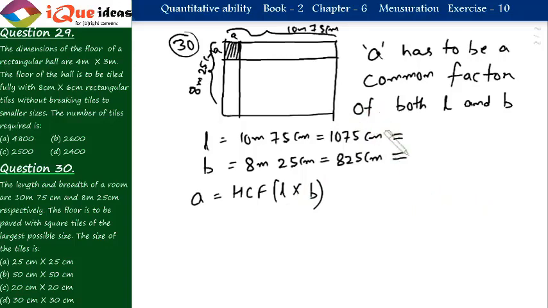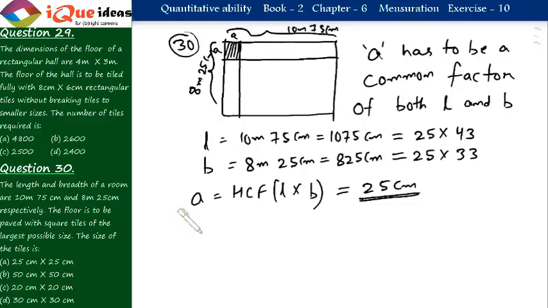Now let's do one thing. Factorize L and B both. Now if we factorize, 1075 can be written as 25 into 43. Similarly, 825 can be written as 25 into 33, since 4 8s are 32 and 1 is 33. Now there is nothing common between 43 and 33. So HCF of L and B will be equal to 25 centimeter.